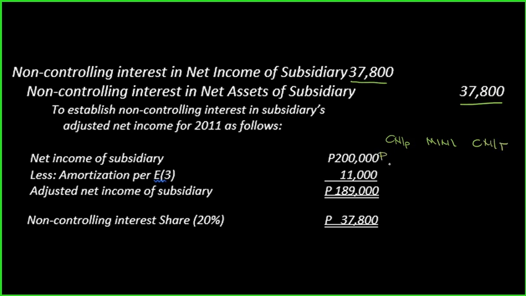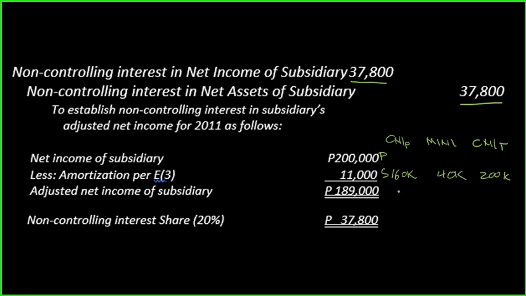You have here the parent reported net income. As of this point, hindi ko pa alam. Pero yung subsidiary has a reported net income of 200,000. 80% of that is 160 and 20% of that will be 40.